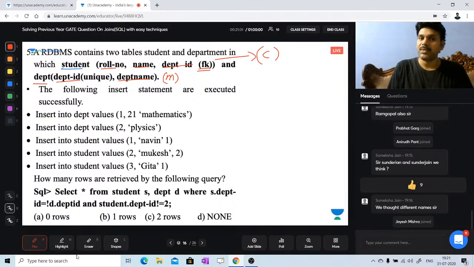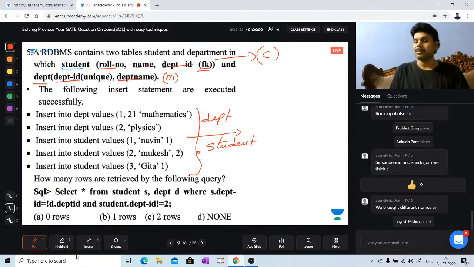The common column between them is your department ID. Now understand, they have inserted 5 records like this. 2 are inserted in the department table and 3 in the student table. The top 2 belong to the department table.